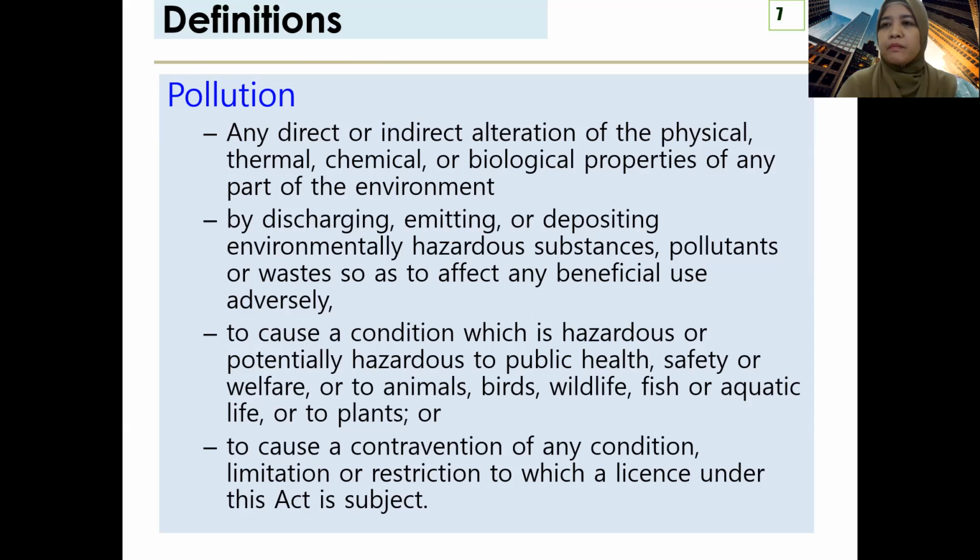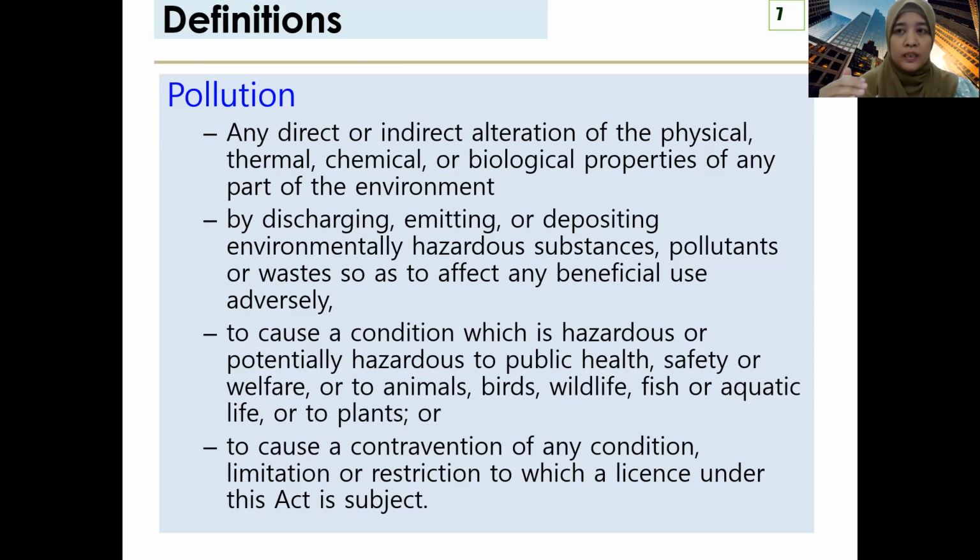So again, any polluting activities are allowed under the act, but within a certain allowable standard, allowable limit. But beyond that limit, that action is considered as a polluting activity, as a pollution.